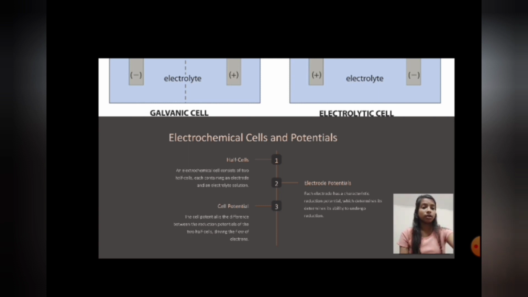Each electrode has a characteristic reduction potential which determines its ability to undergo reduction. Cell potential. The cell potential is the difference between the reduction potentials of the two half cells, driving the flow of electrons.